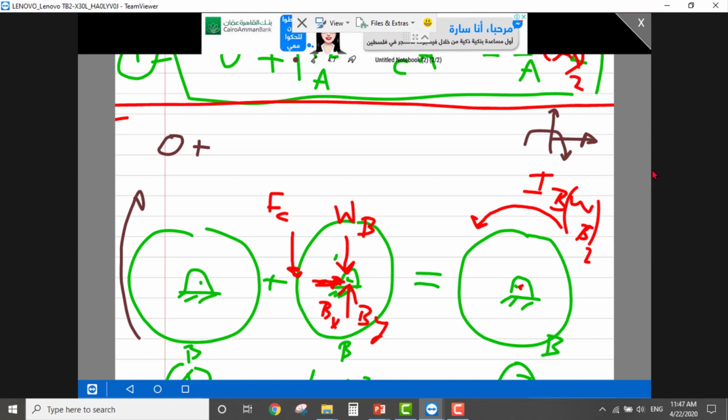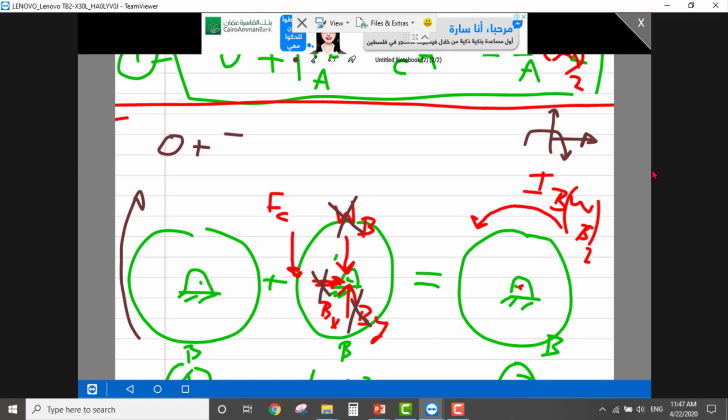So we have 0 for the first term. Regarding the moment from state 1 to 2, the weight will not do any moment because it passes through the centroid, as well as the reactions. The only one is FC. FC will create a counterclockwise moment, so its sign is negative.